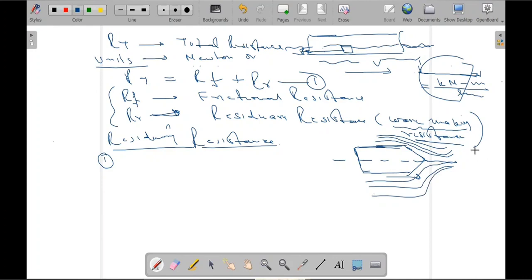Now, just imagine if it was a flat front, just in case of a barge. Now you see this will be like this. So the resistance will be more. So the first one is resistance due to formation of the streamlines.